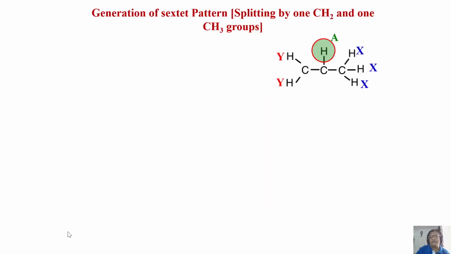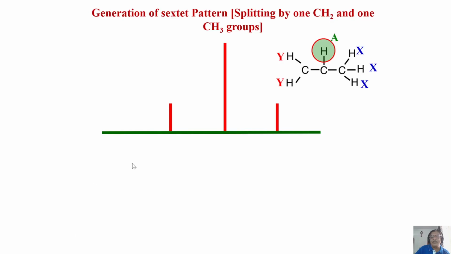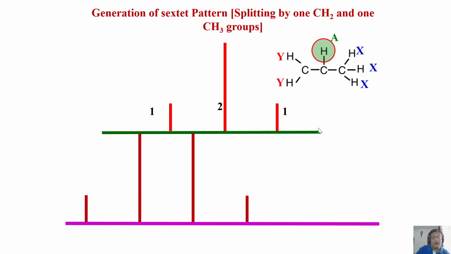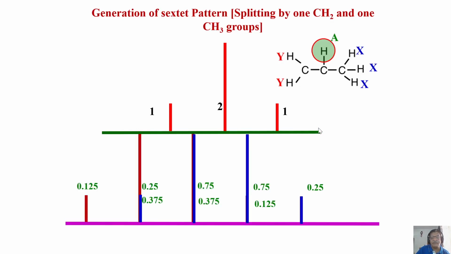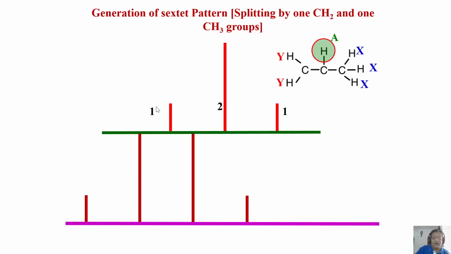Very easy workout. You know, this splits this into a triplet, and each line of the triplet becomes a quartet. And because of the equal coupling, some lines here overlap. So now, go back here. Let us say intensity is 1. When it splits into a triplet, I made all intensity such that total becomes 1.